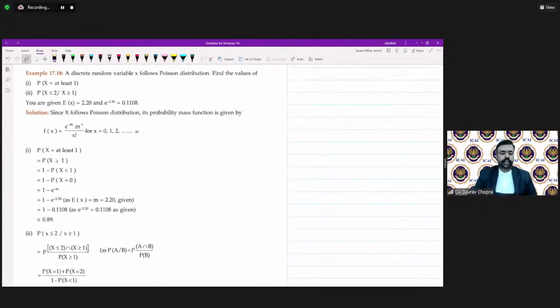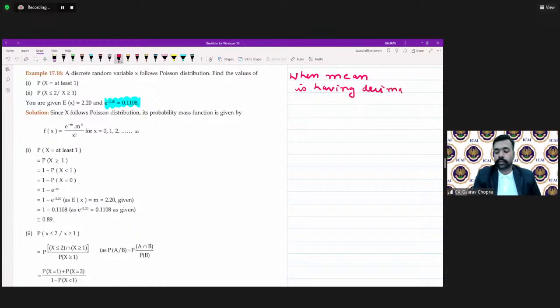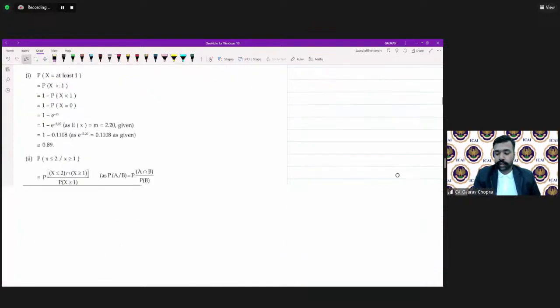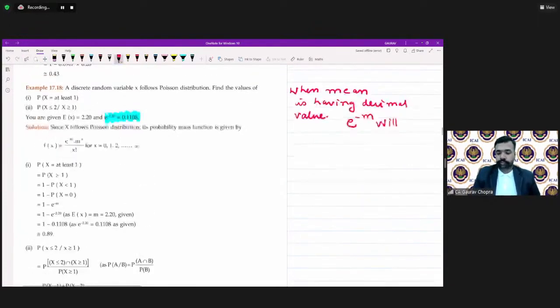The 18th illustration's second part is a bit different. And one more thing to note here: whenever the mean is a decimal value, e to the power of minus m will be given in the question.